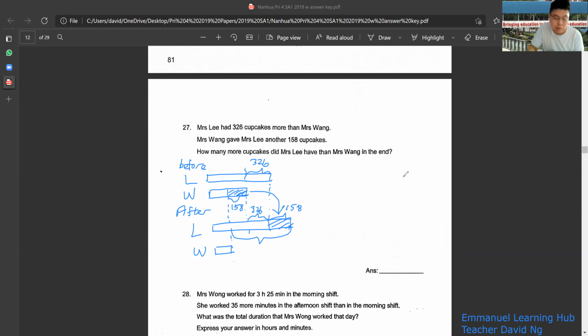What must you do? 158 plus 326. That's all? Plus 158. Yes. Add everything together. What's the answer?